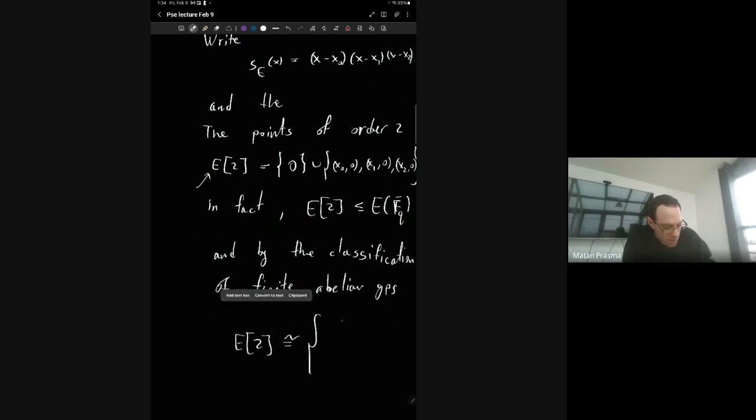One of them is, of course, integers modulo 4. There are simply only two abelian groups of order 4. One is integers modulo 4, and the other is integers modulo 2 direct sum with integers modulo 2.